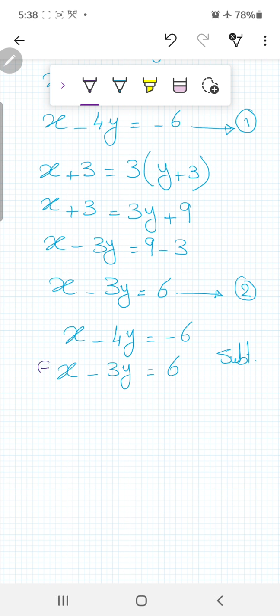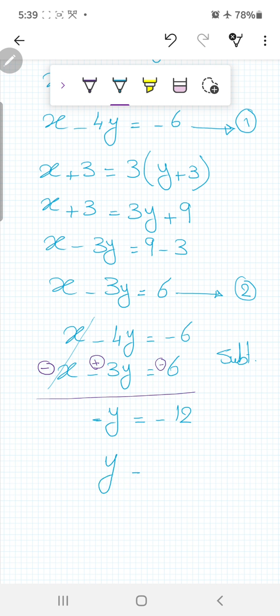Here positive, it will be negative. Here negative, it will be positive. Here positive, it will be negative. And make it subtraction. Okay, x minus x cancel together. Negative 4y plus 3y, it will be negative y, equals negative 6 minus 6, which equals negative 12. Cancel negative with negative, so y equals 12.